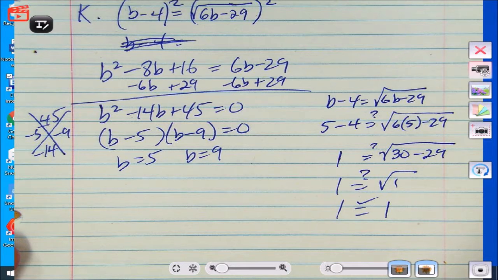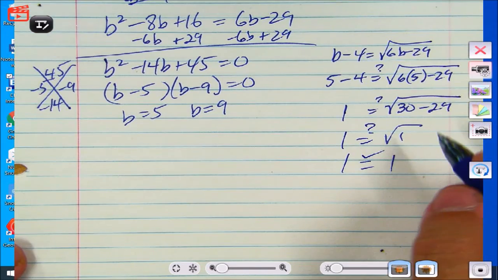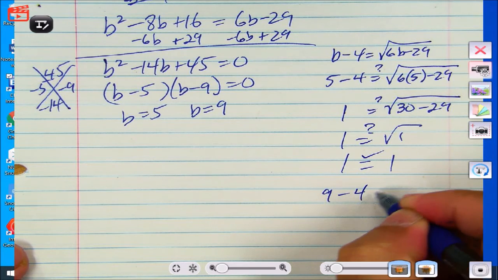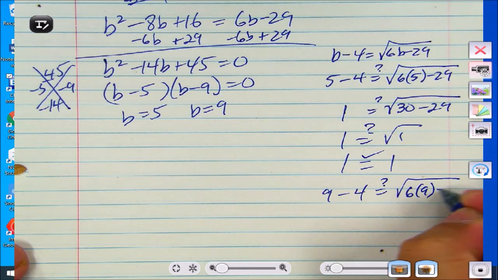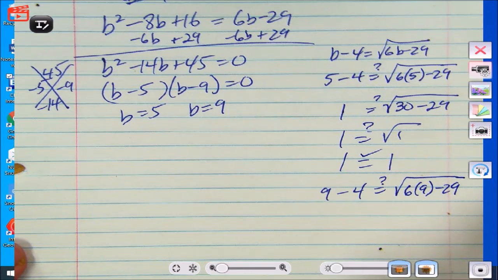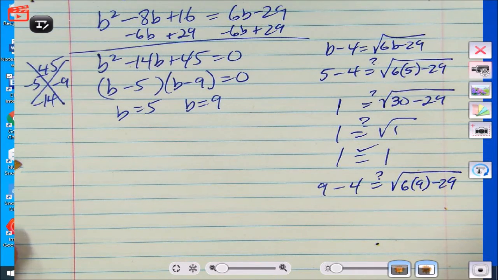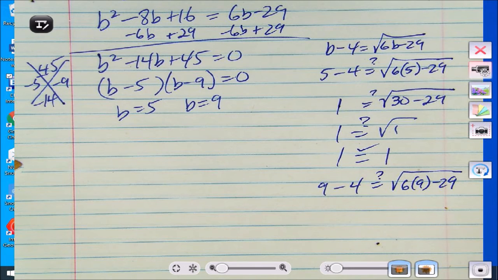You don't have to do the other one? Yes, I'm going to do the other one. So I'm going to do 9. That'll be 9 minus 4. Is that equal to square root of 6 times 9 minus 29? Quick question. Can both work, like, say you get 2 separate numbers, could they both work?